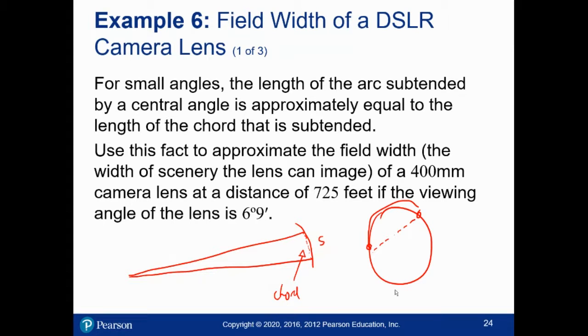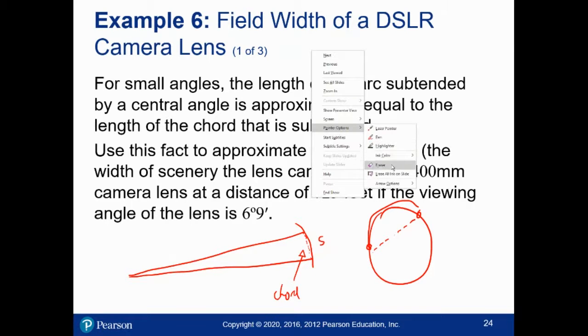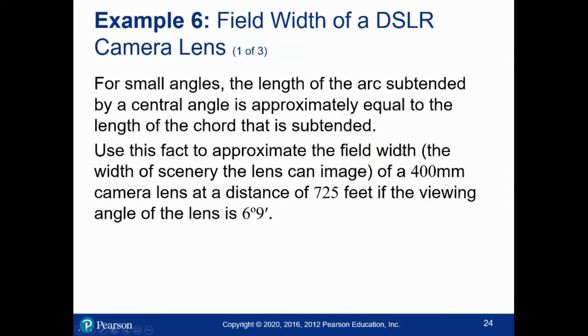You have a 400 millimeter camera lens at a distance of 725 feet if the viewing angle is 6 degrees and 9 minutes. So here's what we have. We have a pretty small angle, 6 degrees and 9 minutes.